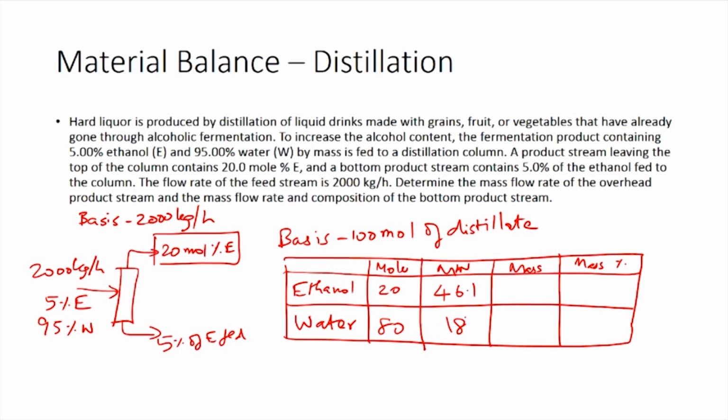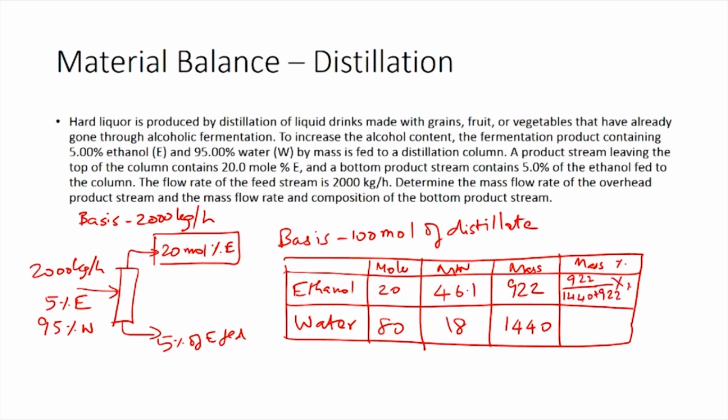This gives us the mass of 922 grams of ethanol and 1440 grams of water. So, this can be added to find the total, and dividing the mass of ethanol by the total of these two masses would be 922 divided by 1440 plus 922.